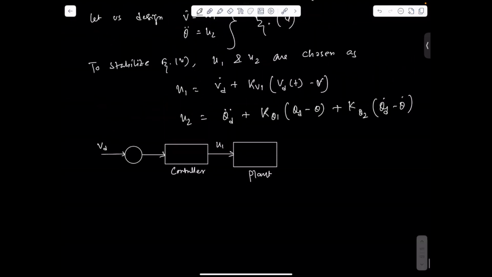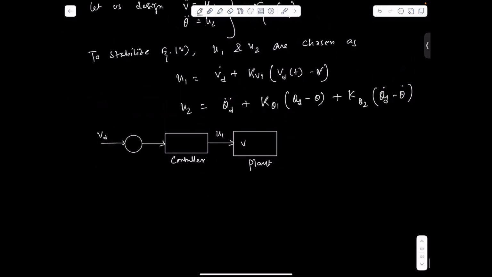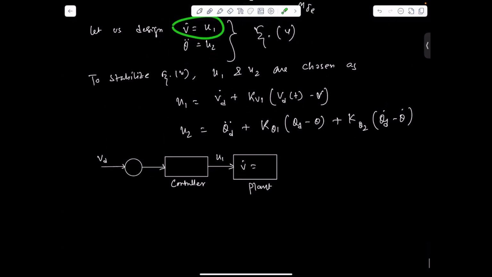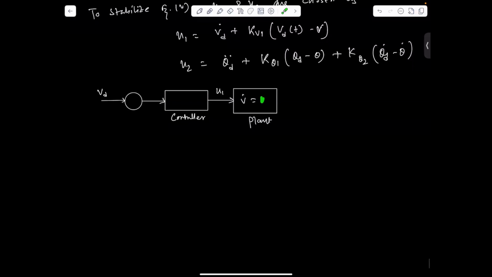So in this case, the plant is V dot equal to U1. This is our plant, and this is the output, and this is the feedback.